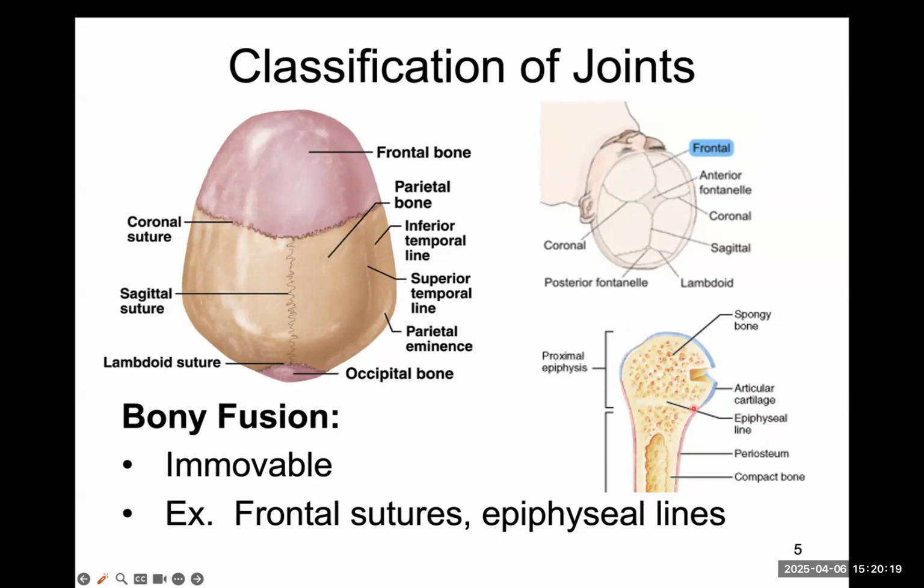The line is immovable. This is considered to be a bony fusion. Eventually, the line goes away because during the lifetime of a bone, the calcium is being taken away, put back, taken away, put back. So the line gets obliterated, and you don't see it anymore, and this becomes a bony fusion. At the same time, bony fusion is going to be synarthrosis because it's immovable. So the definition's there.